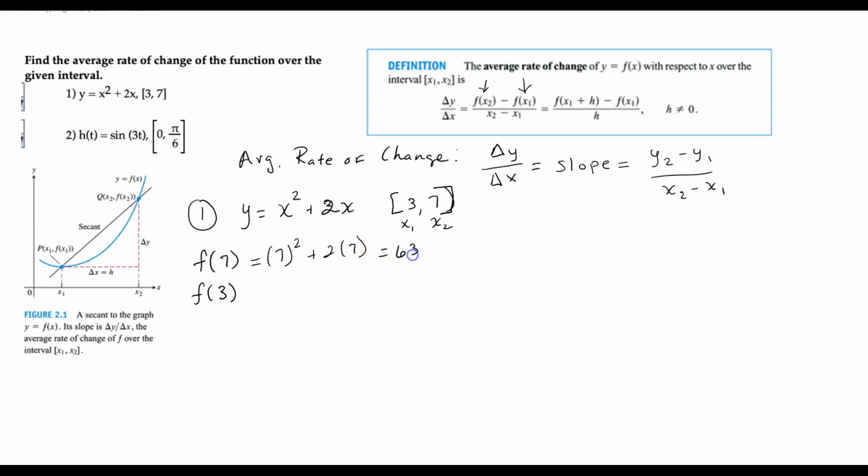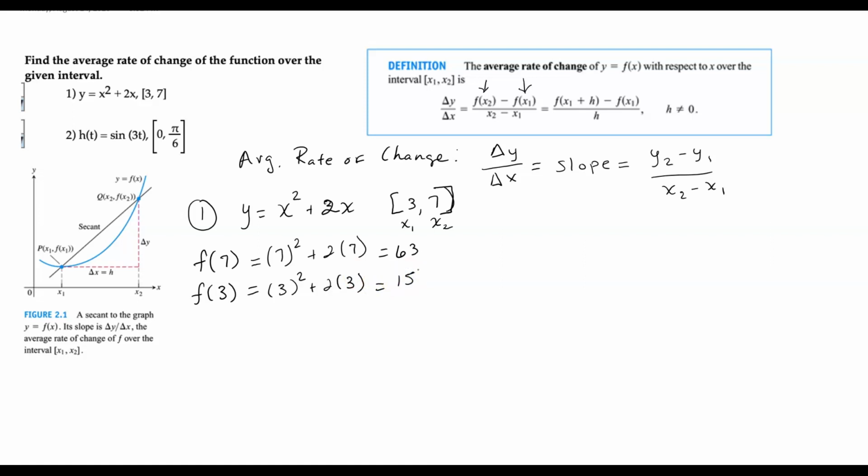That's 63. All right, and then we're going to take 3 squared, all right, plus 2 times 3, okay, and that's going to equal 9 plus 6, 15.